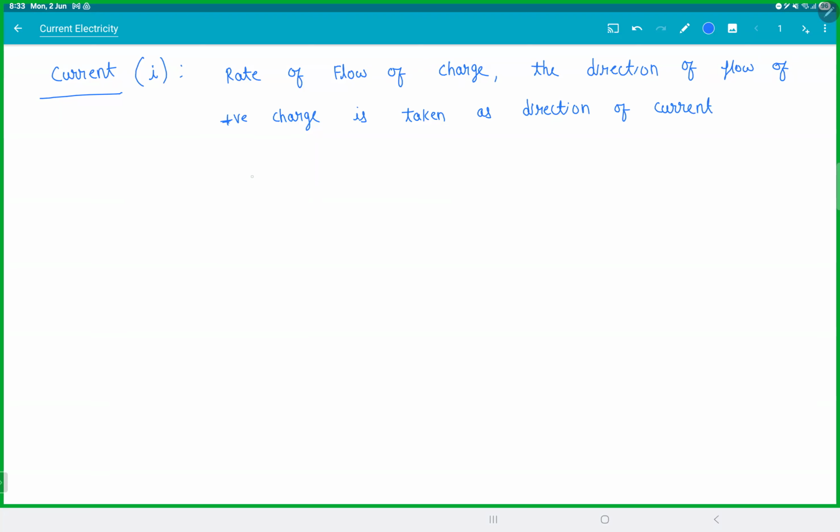So if you take a positive charge going this way, and an electron going this way, the direction of the positive charge is taken as current.